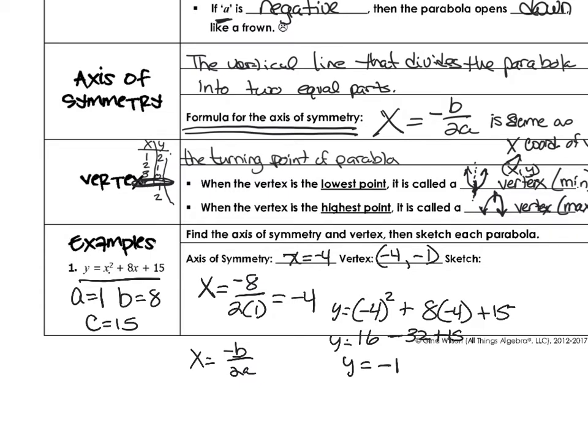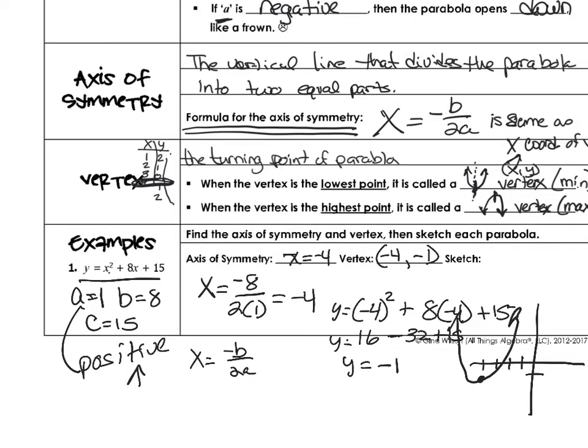So what I can do is sketch a graph of my parabola. If my vertex is at negative 4, negative 1, it's going to be here. My A is positive, right? So if your A is positive, it means it's going to be pointing upward. So I know that it'll kind of look like that.